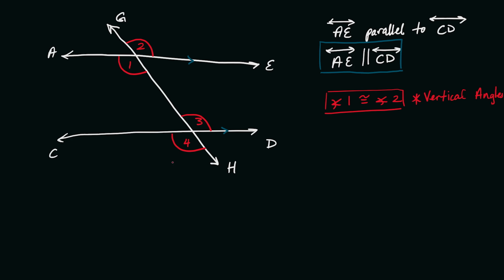Since the transversal is line GH, we can say that angle 1 and angle 3 are alternate interior angles.